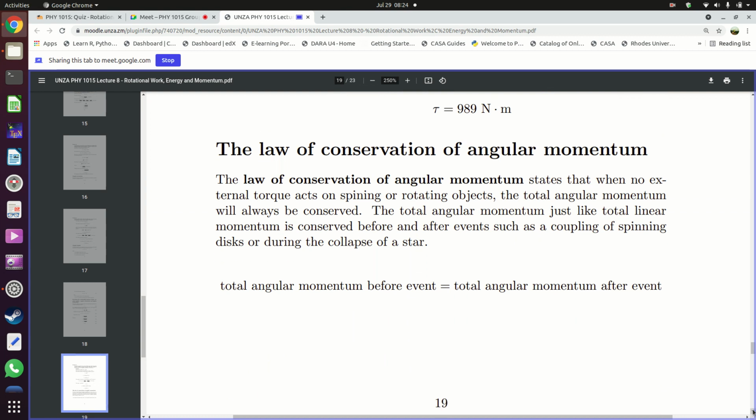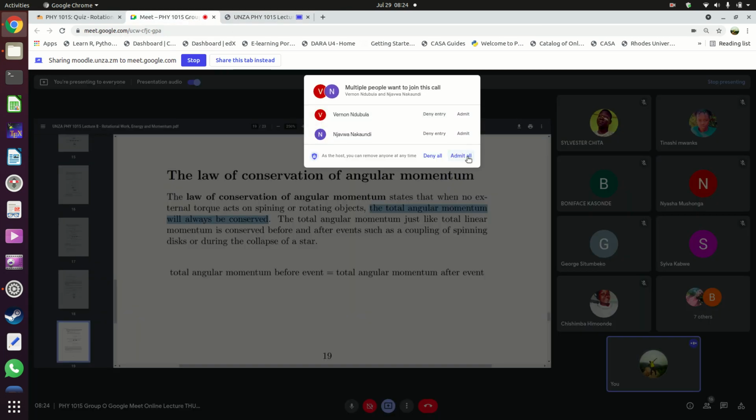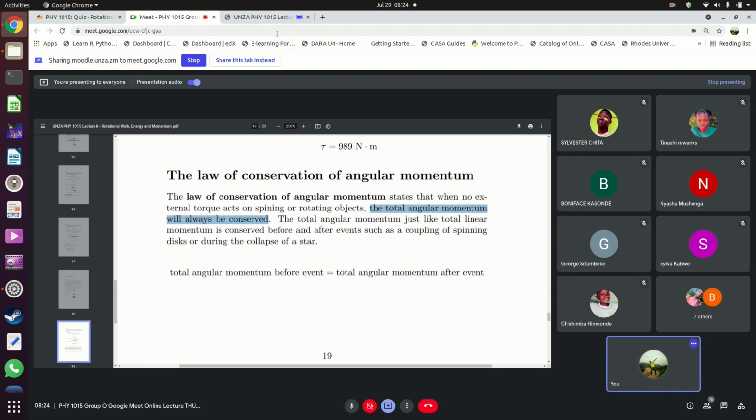So for conservation of angular momentum to happen, there should be no external torque acting on the rotating or spinning objects. Only when the torque is equal to 0 is there going to be conservation of angular momentum. Are we clear? That's the first thing you're supposed to be aware of. We can only have conservation if there is no torque.